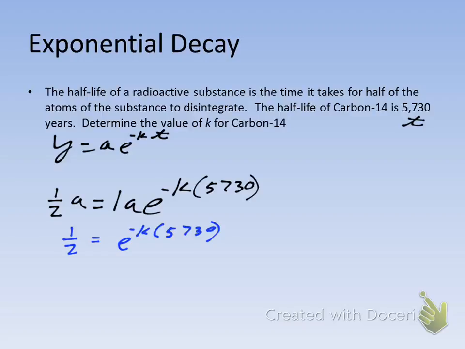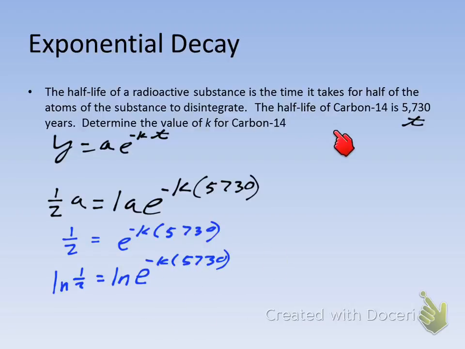Now you break out an ln. Take the natural log of both sides. What happens on the right-hand side with the natural log on this e? They cancel out, and this exponent comes down. So I'm going to do this actual multiplication now.